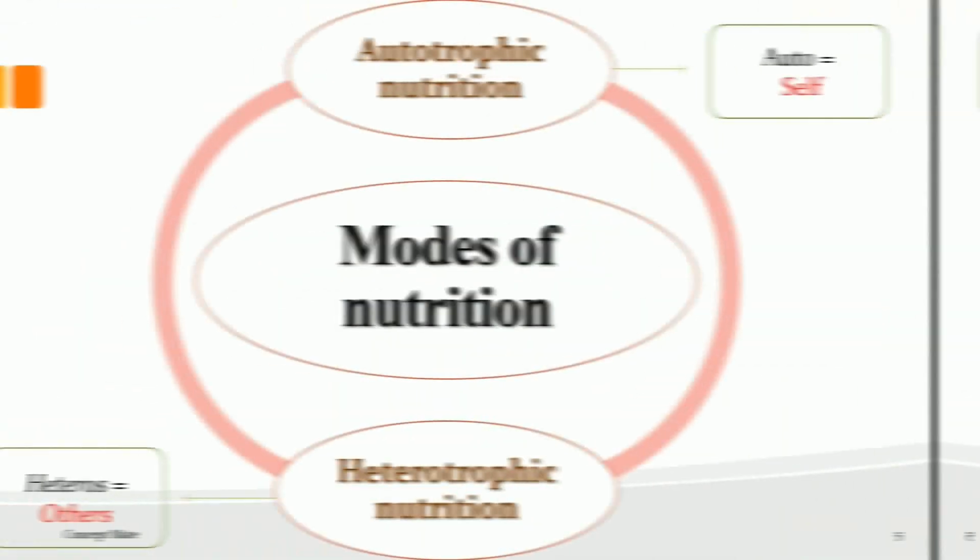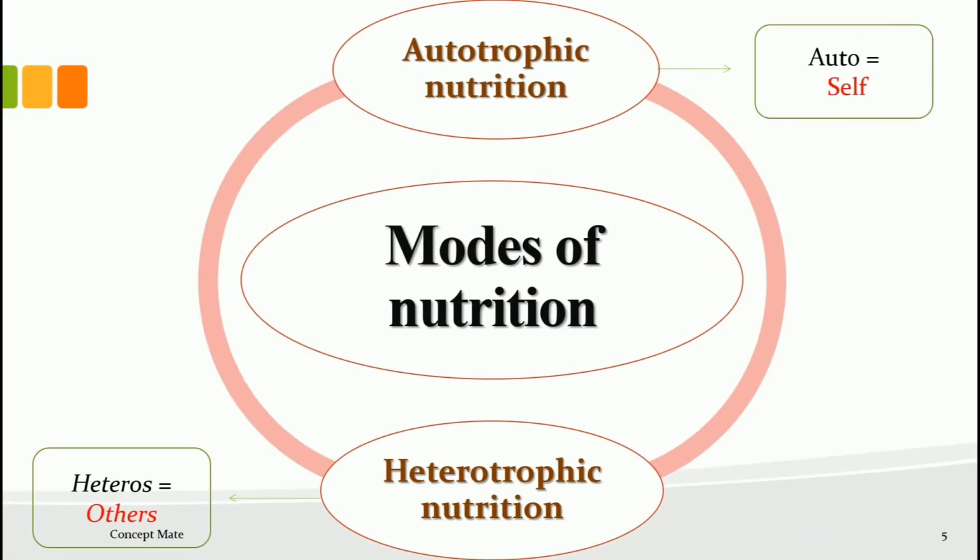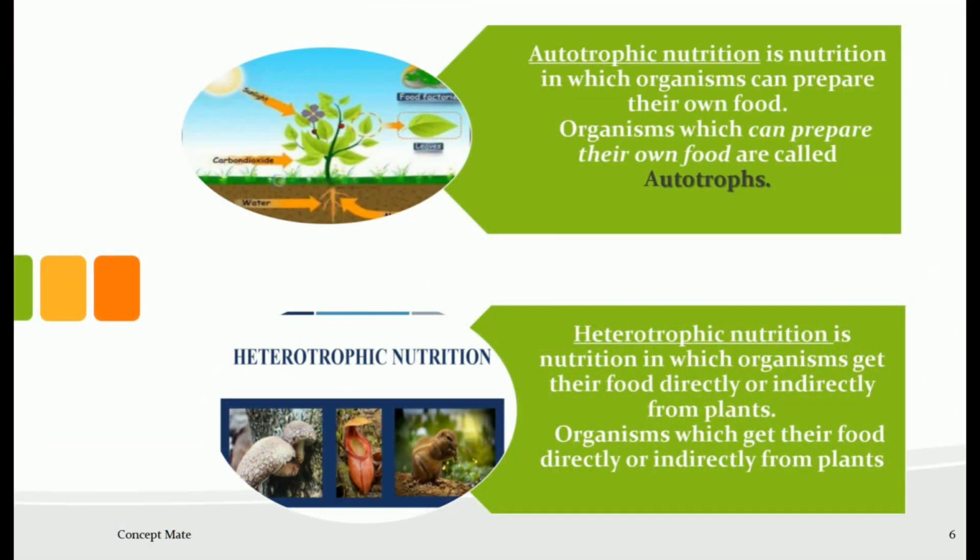There are a variety of living things on earth, and each one has a mode of nutrition. Therefore, modes of nutrition can be broadly classified into autotrophic mode of nutrition, wherein the term auto refers to self, and heterotrophic nutrition, wherein hetero refers to others.